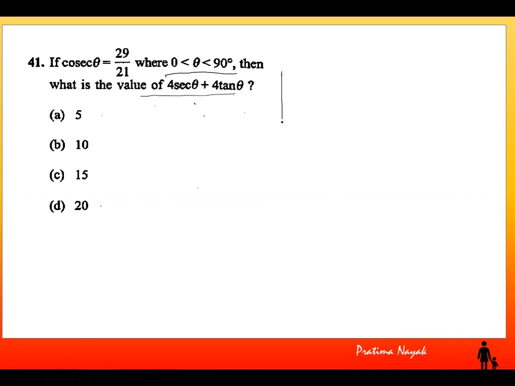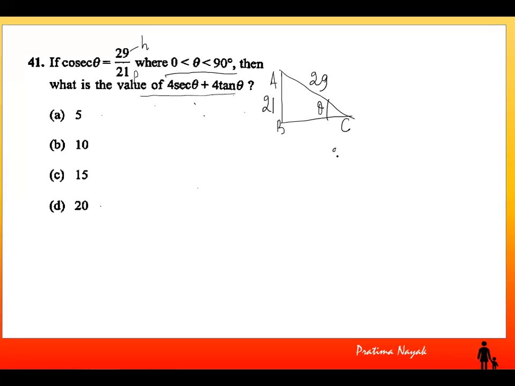This is a relatively easy question because this is the fundamental of trigonometry. If one angle is theta in a right triangle, you know how to find cosec theta, sec theta, tan theta. Cosec theta is always h by p, where h is the hypotenuse and p is the opposite side of theta. So it is 21. So you know how to get the b.